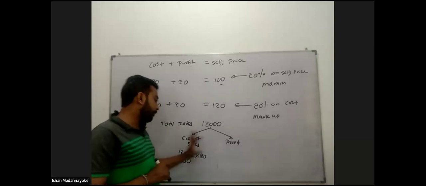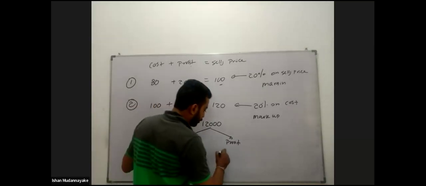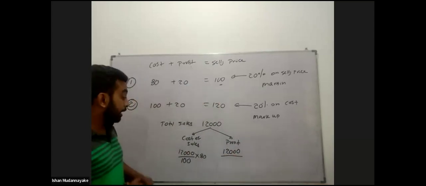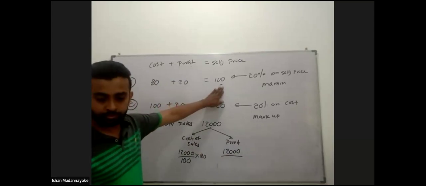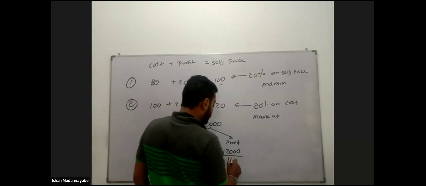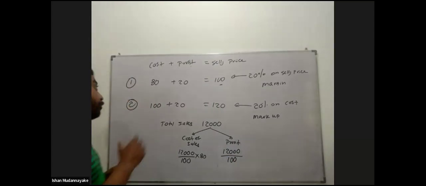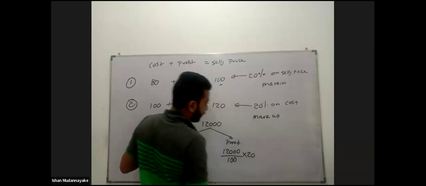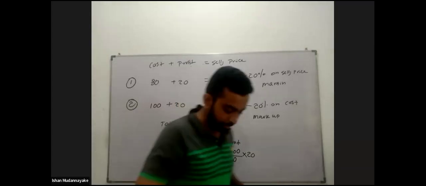If you want to find out the profit included in this 12,000 sales, the total sales of the business is 12,000, and the equal amount of the sale is 100. Then divide 12,000 by 100, and if you want to calculate the profit of the business organization, multiply by 20. Then what's the answer?